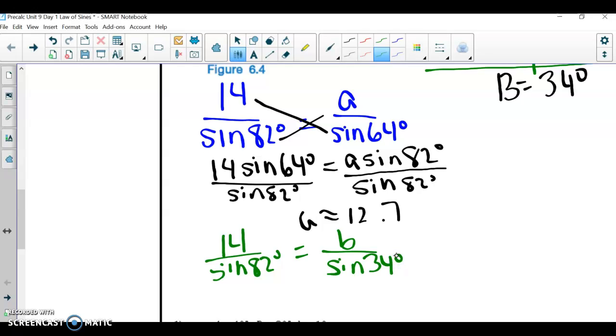So if I cross multiply, I have 14 times sine of 34 equals B times sine of 82. And again, what do I do? Divide by sine of 82.